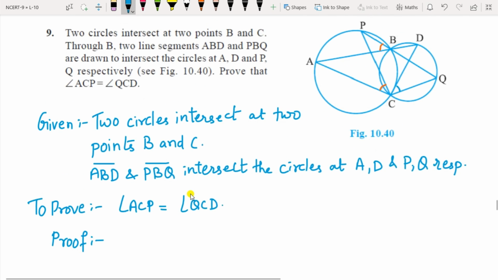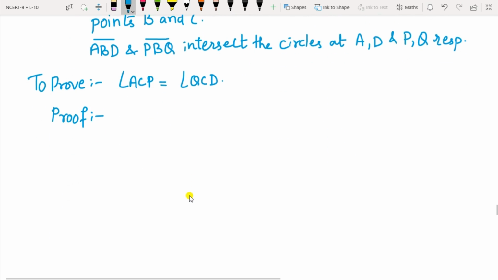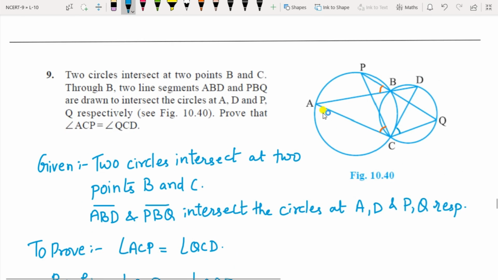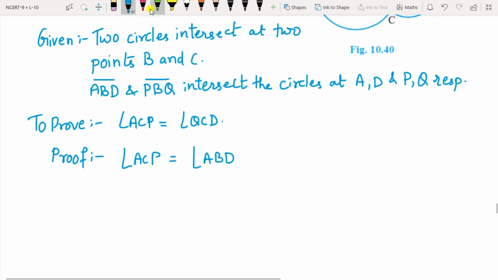So this is the given and this is to prove. Let us start with the proof here. Angle ACP is equal to angle ABP.